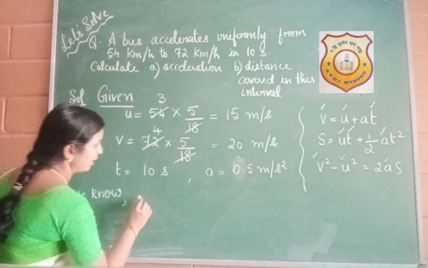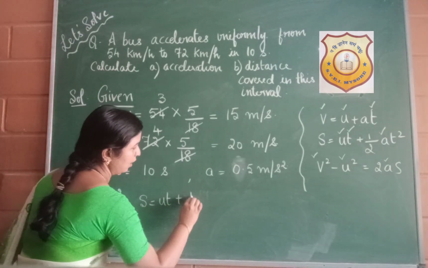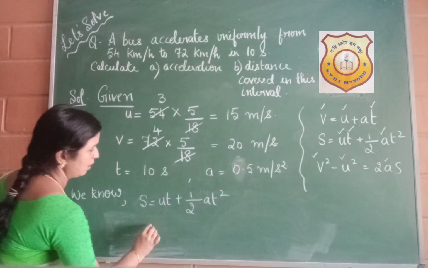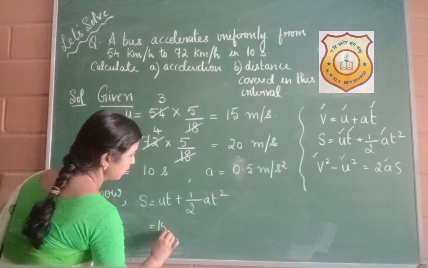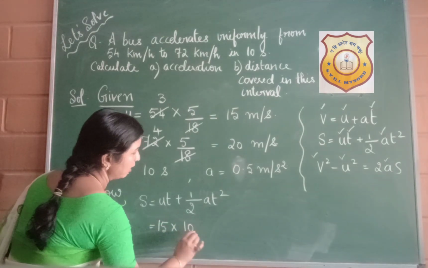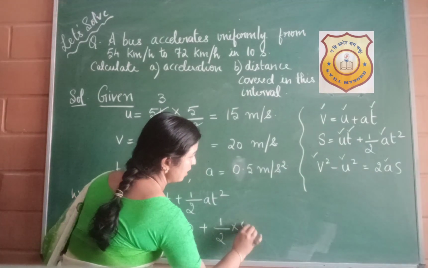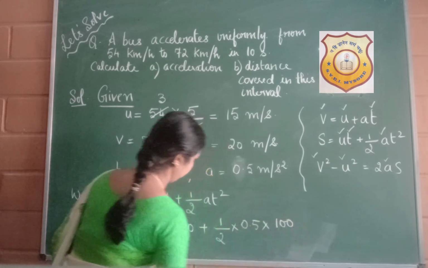From the second equation we know that s equal to ut plus half at square. u is 15, time is 10, plus a is 0.5, t square is 100.